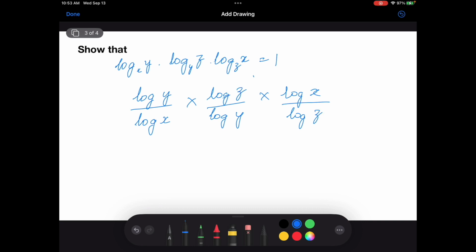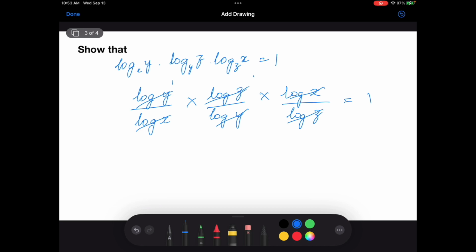I'm just applying the change of base rule to everything. Log x and log x cancel out, log y and log y cancel out, log z and log z cancel out. So we get the answer as 1. So using the change of base rule, we can easily show that LHS equals RHS in this problem.